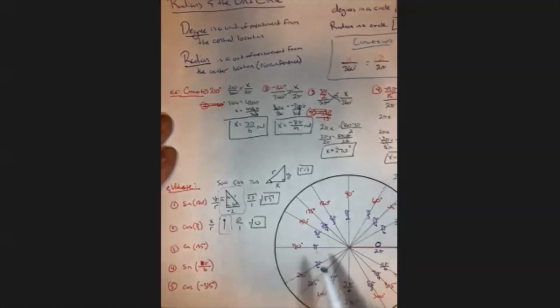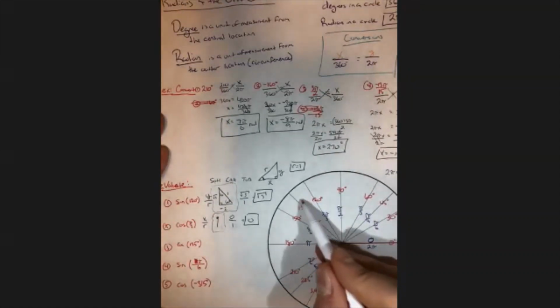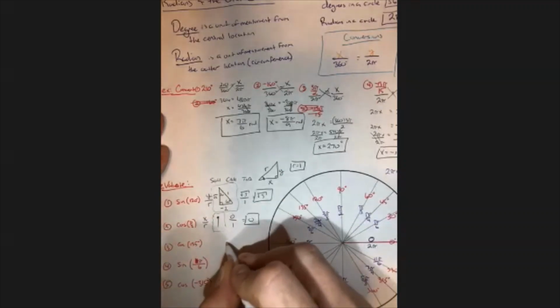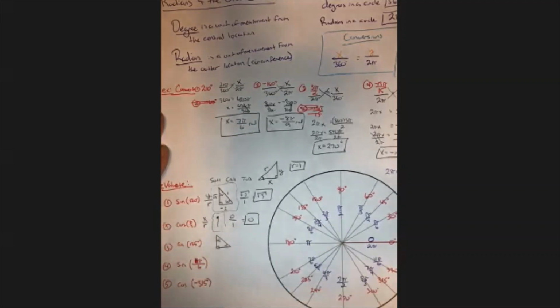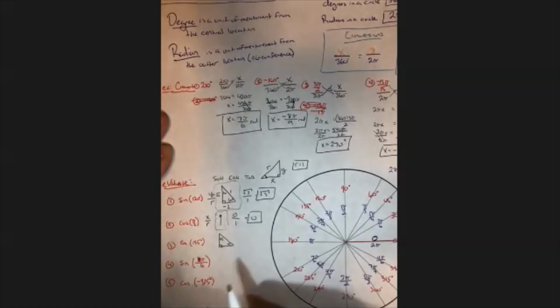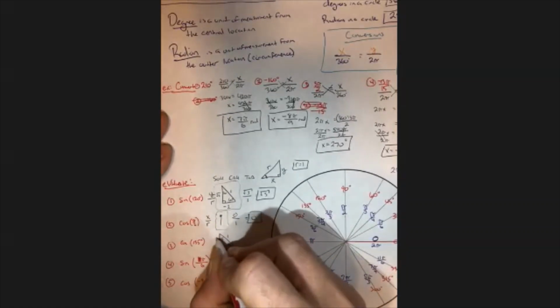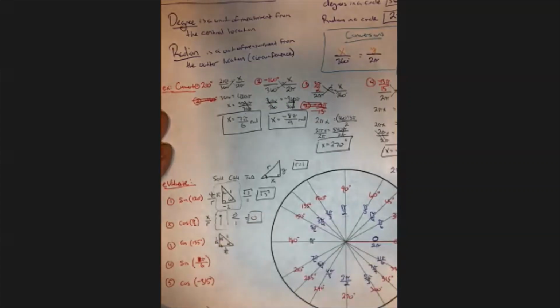I look at the cosine of 135. That's this angle right here. Ooh, that's my halfway point. So I know that I'm going to be dealing with a 45, 45, 90 triangle. And we converted that yesterday to 1 over the square root of 2, 1 over the square root of 2.